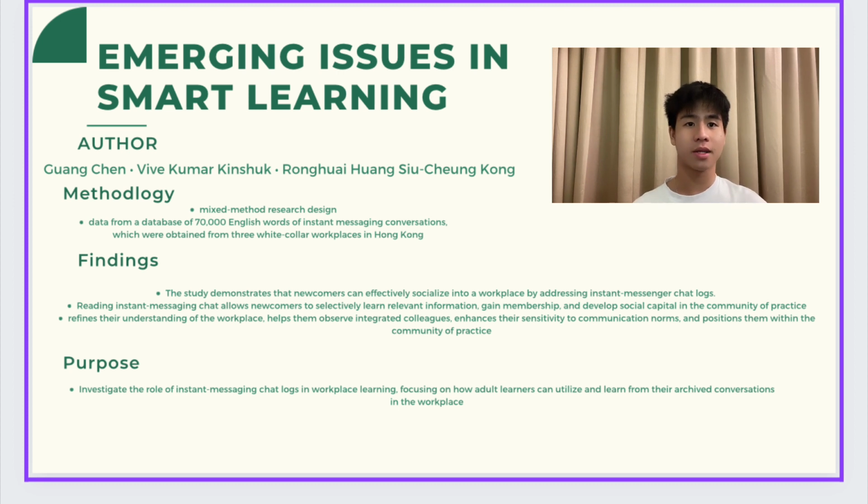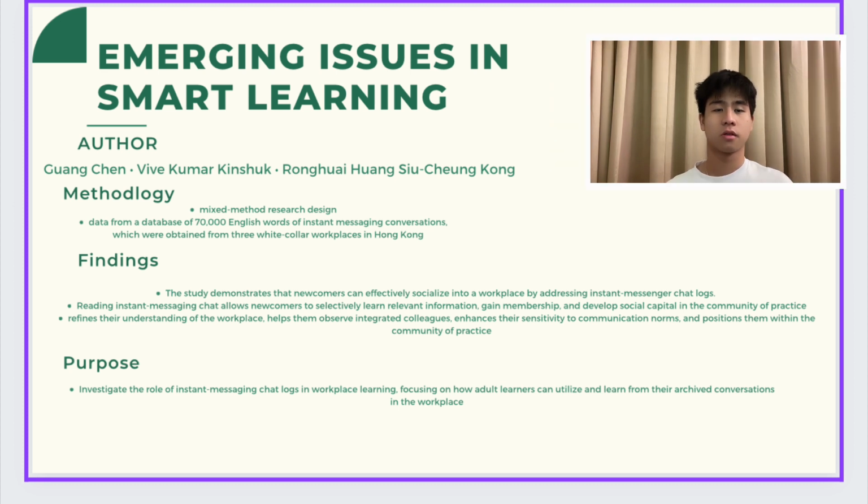Additionally, reading instant messaging chat allows newcomers to selectively learn relevant information, gain membership, and develop social capital in the community of practice. The purpose was to investigate the role of instant messaging chat logs in the workplace learning, focusing on how adult learners can utilize this and learn from their archived conversations in the workplace.